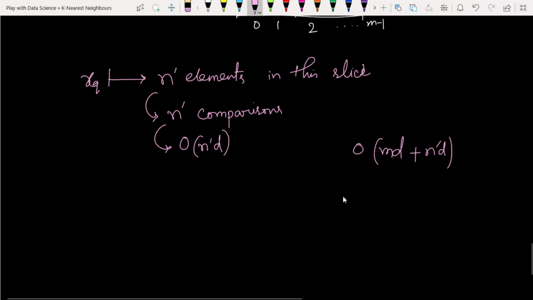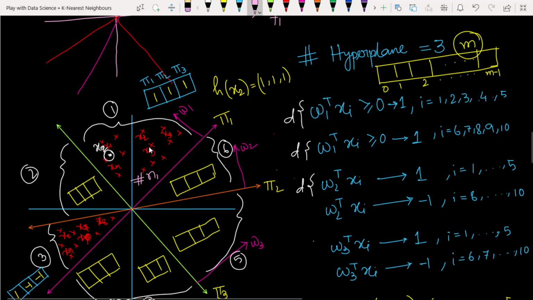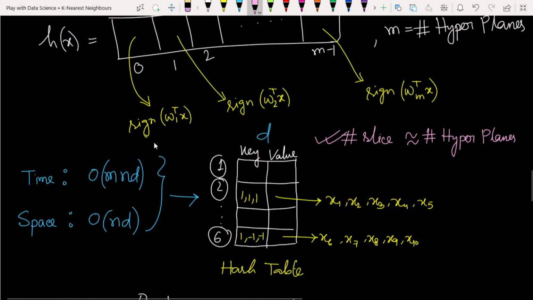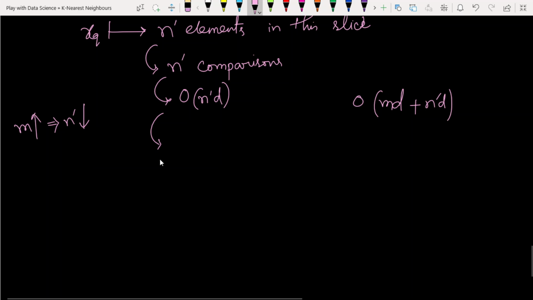If we increase m, n dash decreases, because if we increase the number of hyperplanes, the slices become smaller and smaller, so the number of points in a slice becomes smaller. This is the simple relationship. So if n dash is small, the total time complexity is order of md.